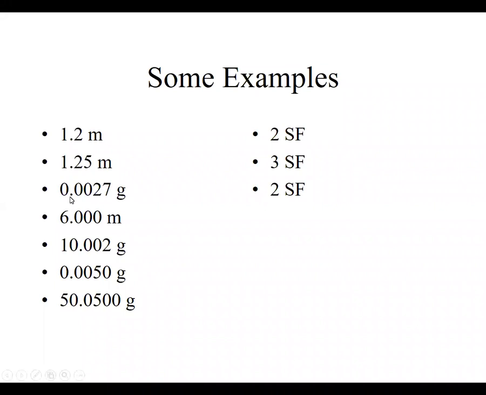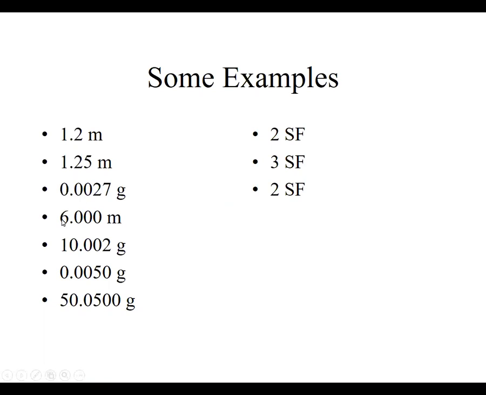So all 3 of these zeros count as zeros at the beginning of a number. Even the zeros after the decimal point are not significant because the if statement is not satisfied. They're not preceded by anything significant. So they're all just zeros at the beginning of a number, leaving only the 2 and 7 to be significant, giving us 2 significant figures.